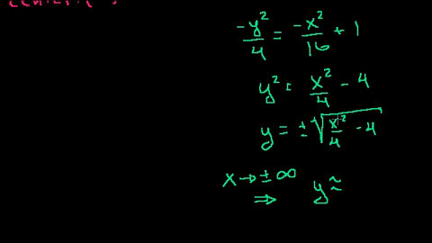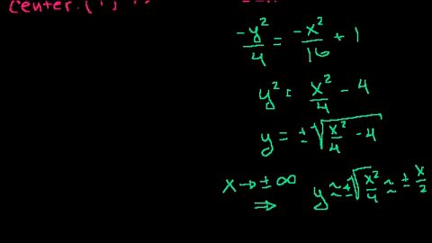You take the square root of that, and so this dominates. So as you approach positive or negative infinity, y is approximately equal to the positive or negative square root of x squared over 4. What's the square root of this? x over 2, or 1/2 x.